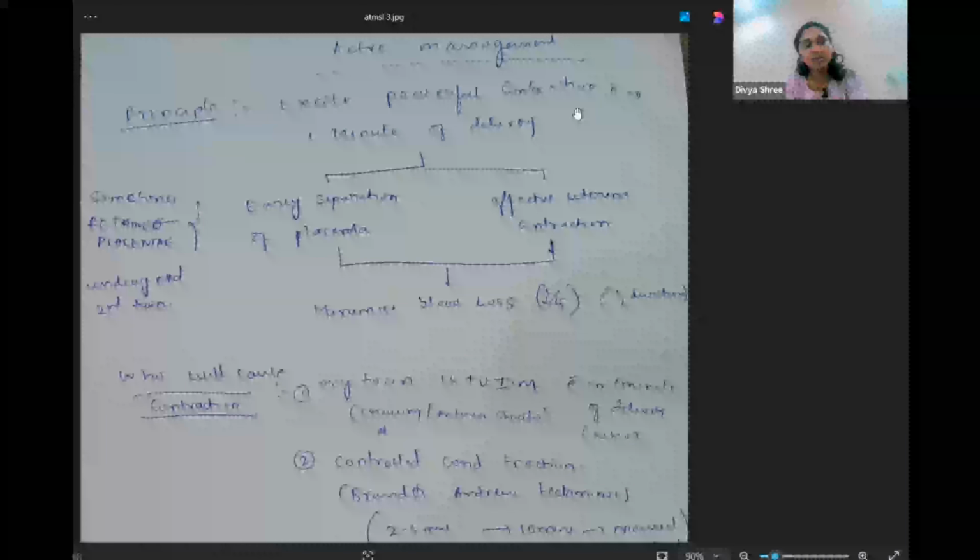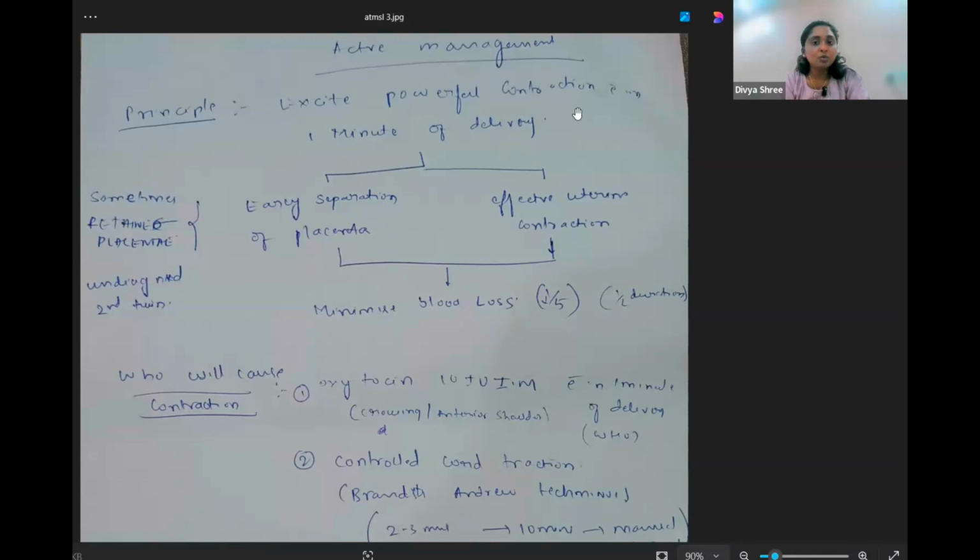But for a person whose Hb is 7 gram, loss of 500 ml of blood does put the patient into decompensation. So, our principle behind active management of the third stage of labor is that as soon as the baby comes out, you will not leave even a minute for blood loss to happen.